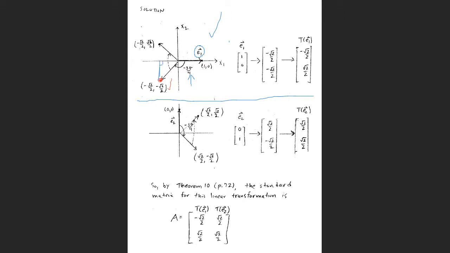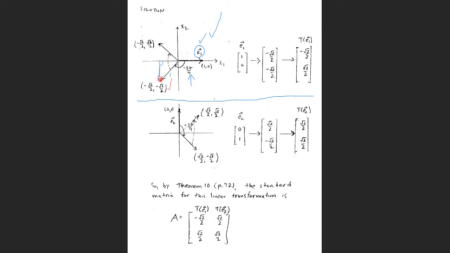Well, this right triangle's hypotenuse is 1, because this is a unit vector, so all we're doing is rotating that unit vector negative 135 degrees, so that's clockwise 135 degrees. The length of the vector is 1, so by the Pythagorean theorem, and your trigonometry, this has to be the point negative root 2 over 2, negative root 2 over 2.